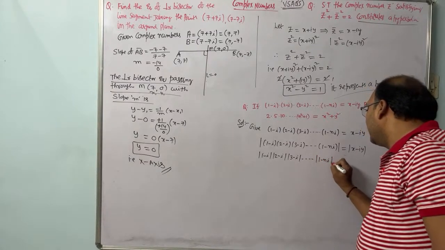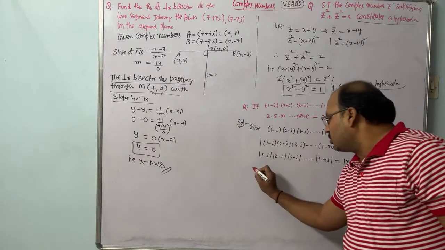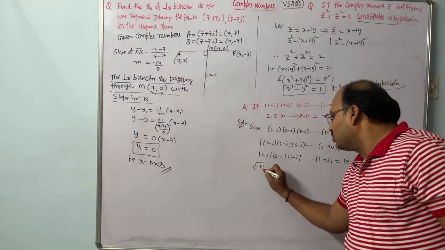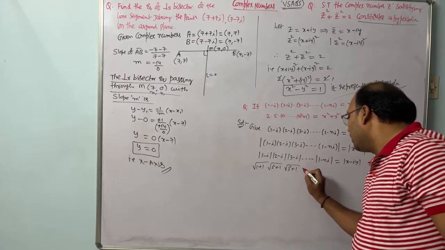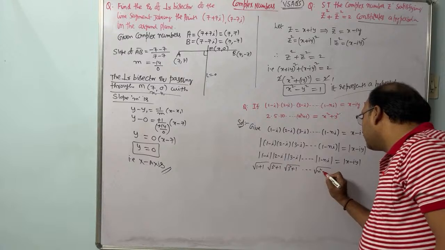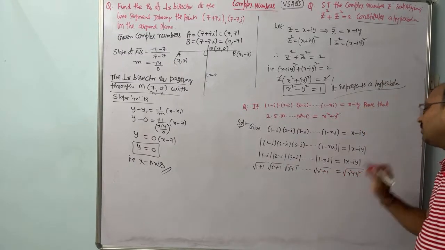Mod of (1 minus ni) equal to mod of x minus iy. So root over 1 plus 1, root over 2 square plus 1, root over 3 square plus 1 and so on, root over n square plus 1 is equal to root over x square plus y square.